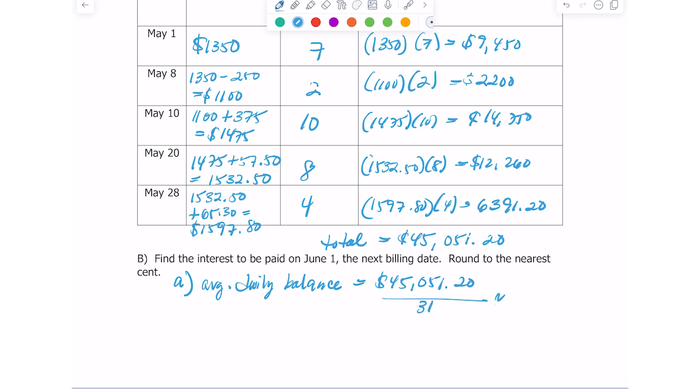And you come out with $1,453.20. So that's your average daily balance.